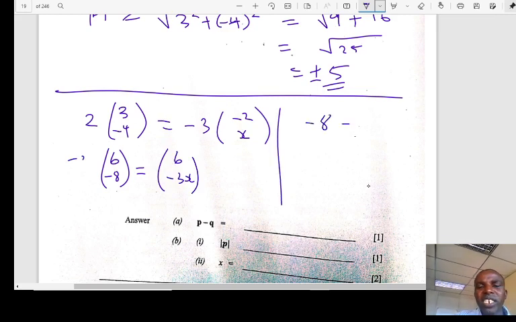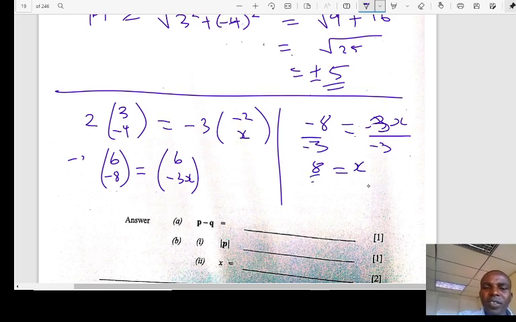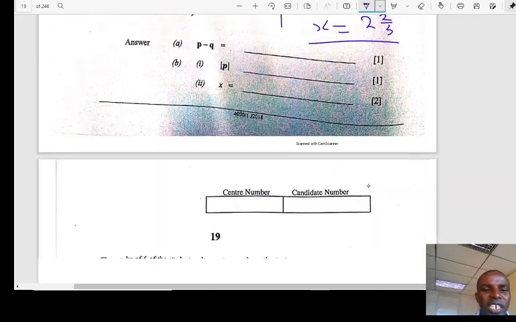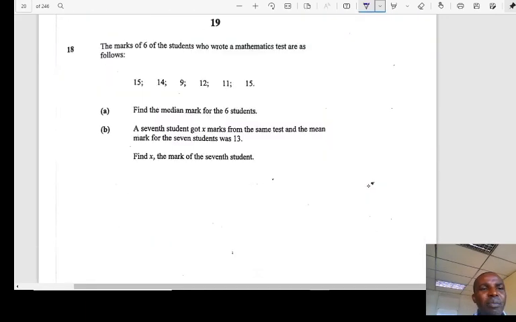So you write minus 8 is equal to minus 3x. Then to simplify, just divide by minus 3. Then you get 8 over 3 is equal to x, like this. Then x is equal to 3 into 8 is 2 and 2/3. So that will be your final answer. That's x. Done.